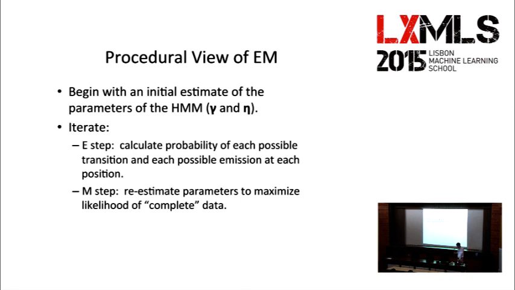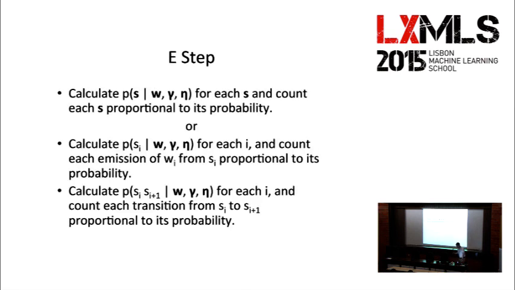OK, so just to dig in a little bit more. What you could do, and this would be naive, and you guys all know better because we've been doing dynamic programming, you could calculate for every state sequence the probability of that state sequence given the words, and then count up the number of events that happen in each one and count them proportional to that probability.